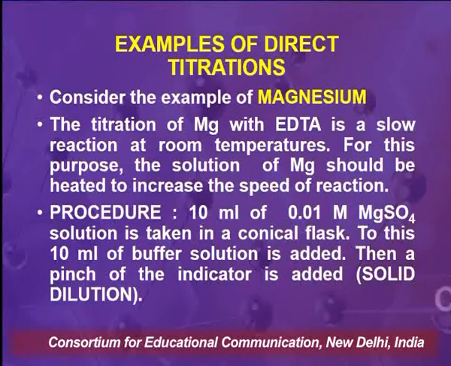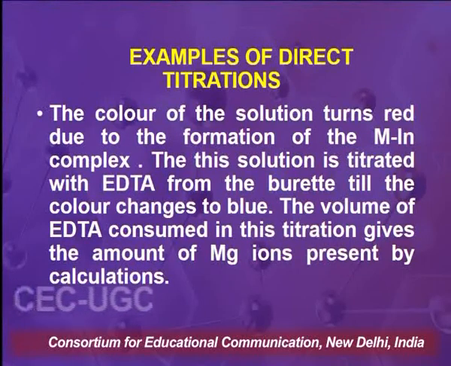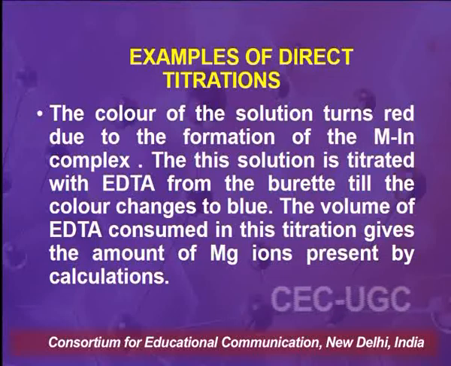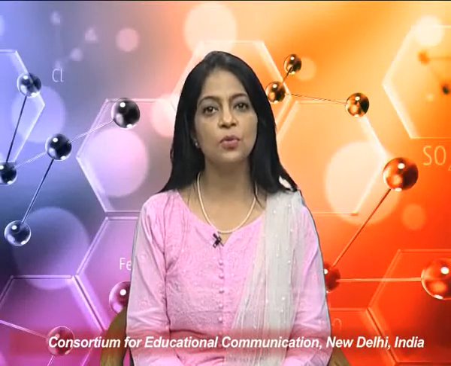Then a pinch of the indicator is added, and that indicator is in a solid dilution form, that is indicator mixed with sodium chloride. The color of the solution, the moment we add the indicator to the metal ion solution, turns red due to the formation of the metal indicator complex. This solution is then titrated with EDTA from the burette till the color changes to blue.